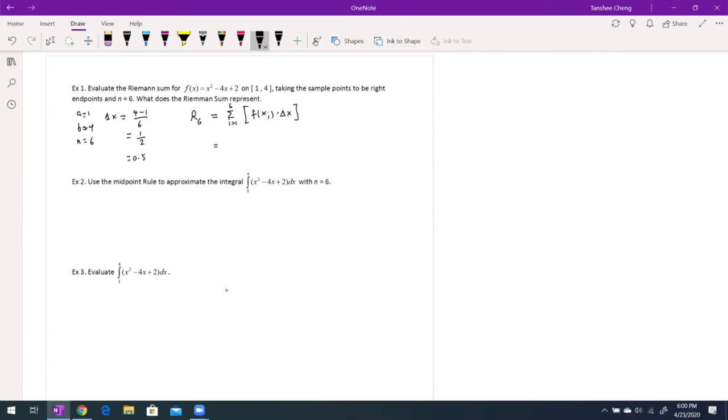In this case, that's 0.5 times the function evaluated at the right endpoints. The very first point we're going to use is 1.5, 2, 2.5, 3, 3.5, and then 4. That will be my right endpoints for the 6 subintervals.